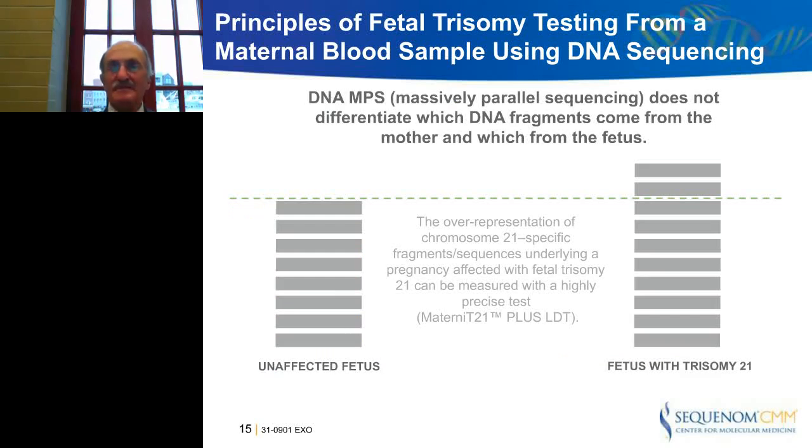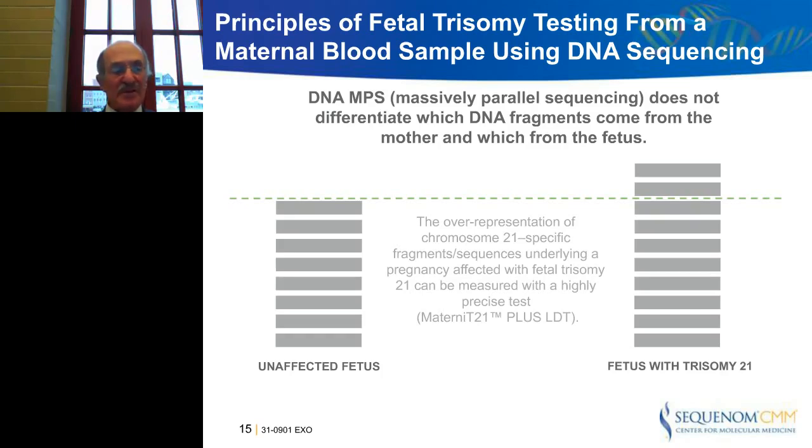However, if the fetus is aneuploid, so for example, if it has an extra copy of a chromosome, then the fetal contribution from that chromosome will lead to an imbalance in counts. So if the fetus has 3 copies of chromosome 21, there'll be extra counts from chromosome 21.